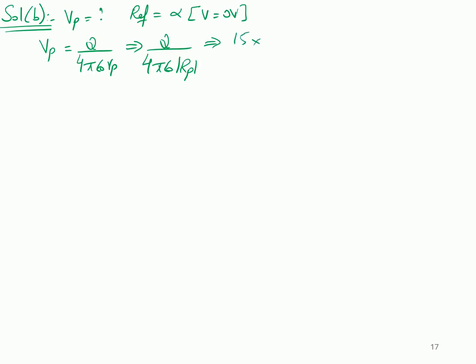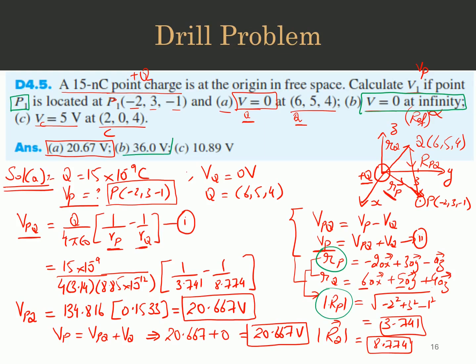So it is 15 into 10 raised to power minus 9 divided by 4 pi epsilon naught, and the value of R of P is 3.741. So thus the potential at P comes out to be 36 volts. So let us see if we get the same or not. Yes, it is 36 volts. So this is the solution to the second part.